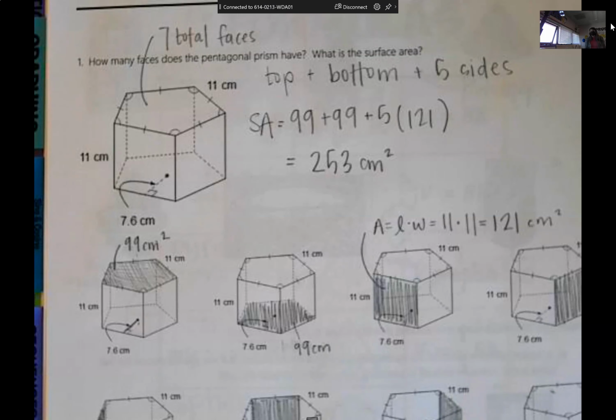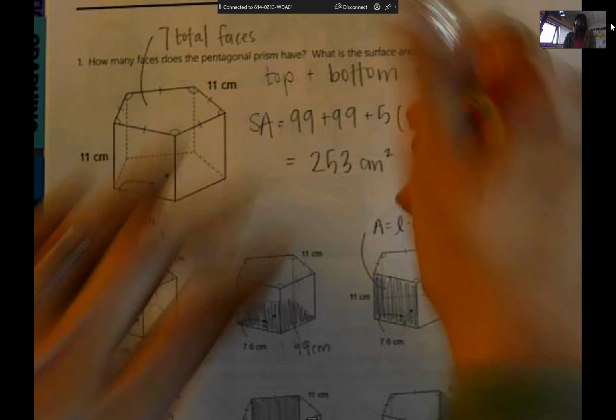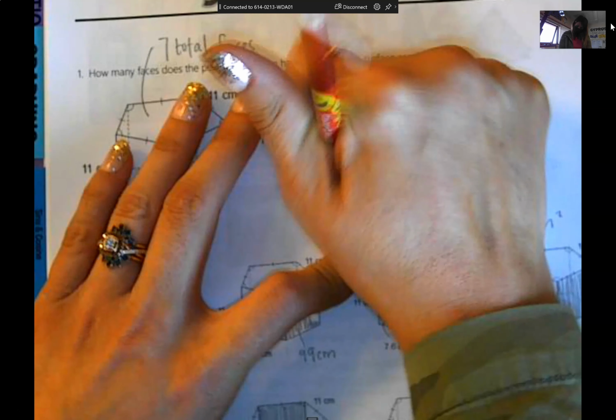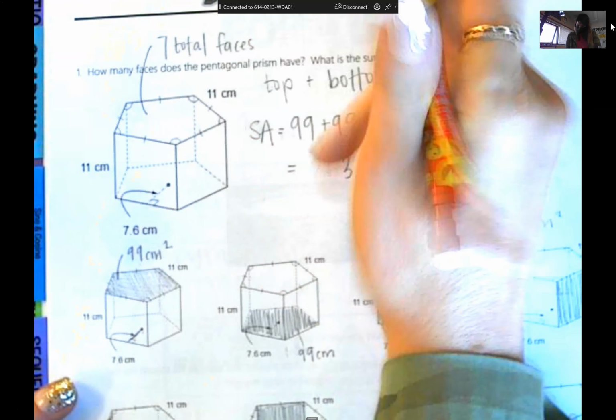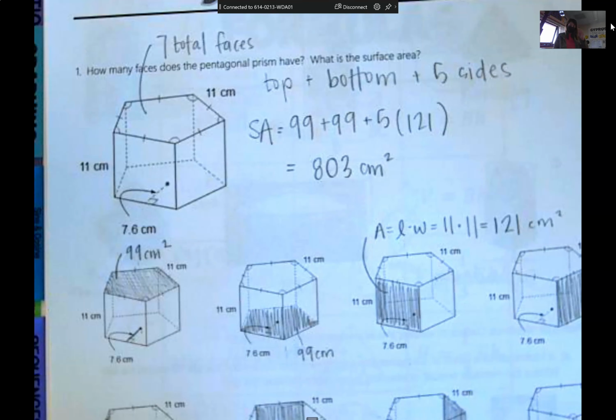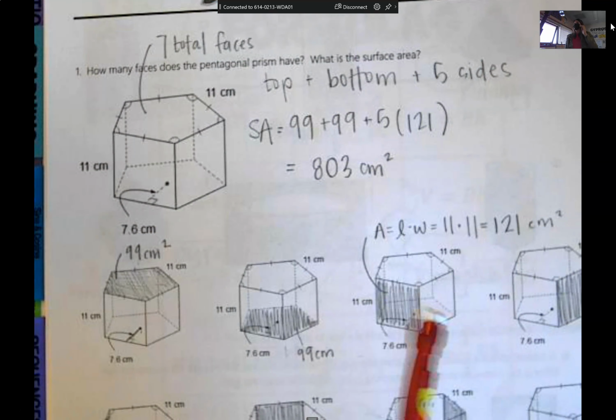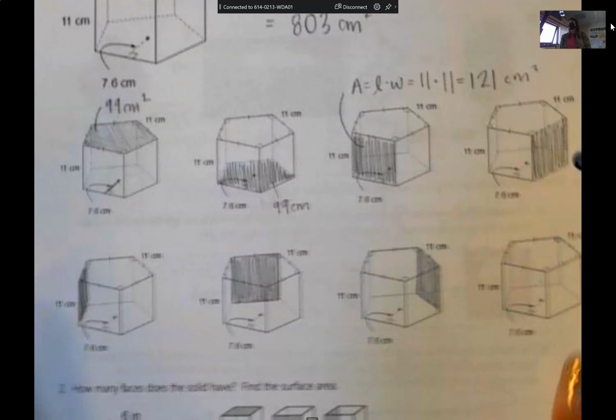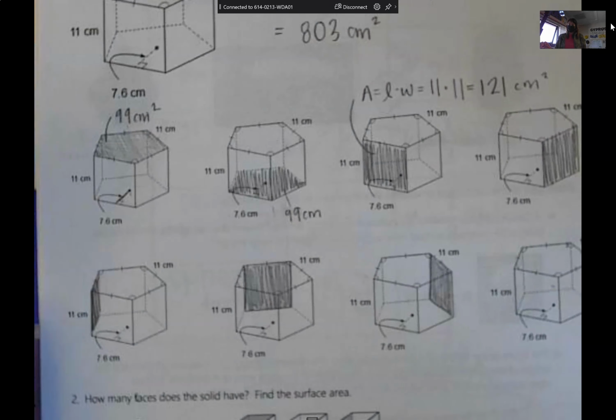I got 803. Oh, I typed in 5 times 11. Okay, good thing I have you guys double check me. Yes, I get 803 as well. Boom. So we can find this area just by adding the area of all of the faces.